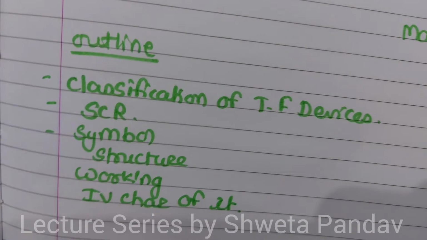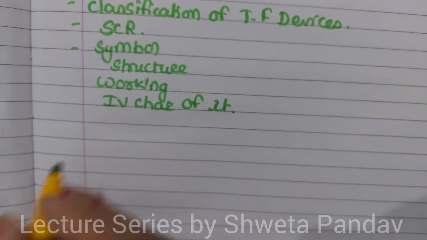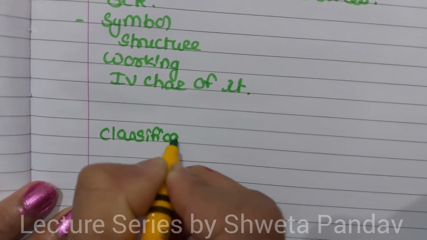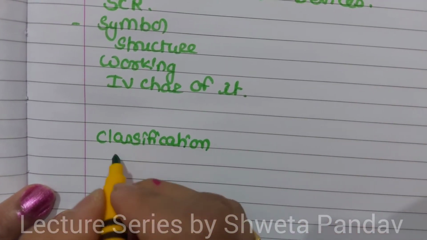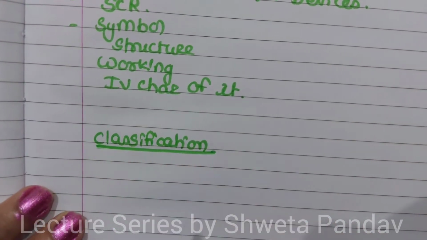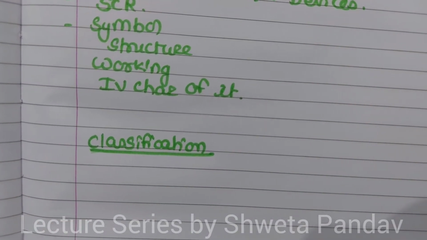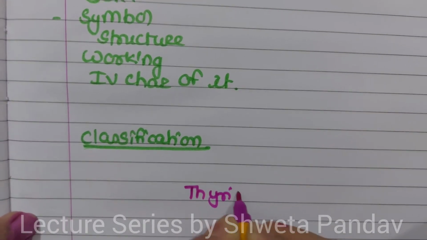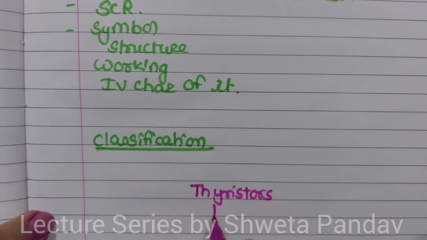Let us start first with the classification of thyristor family devices. The thyristor family devices are basically divided into two types.